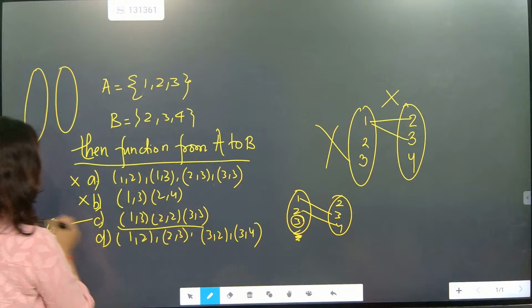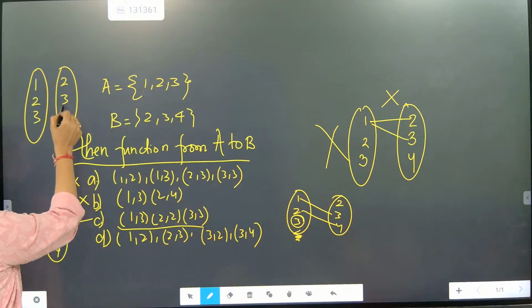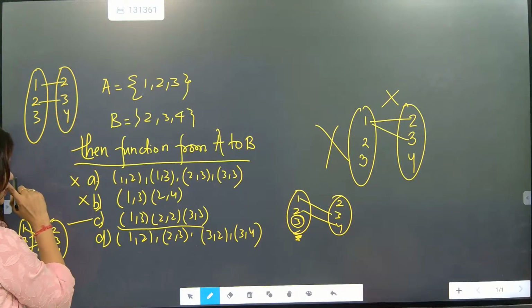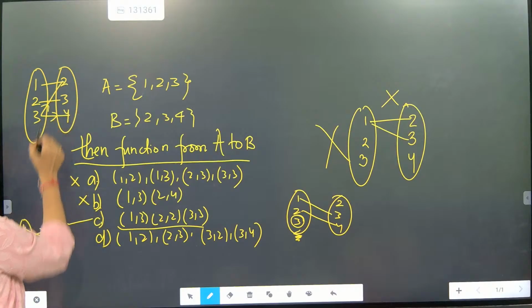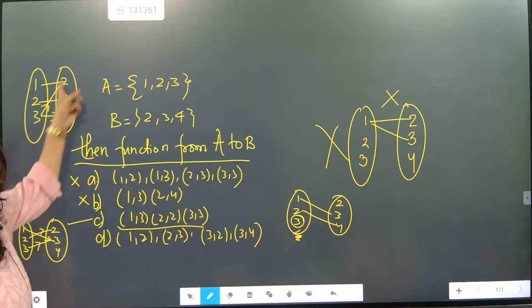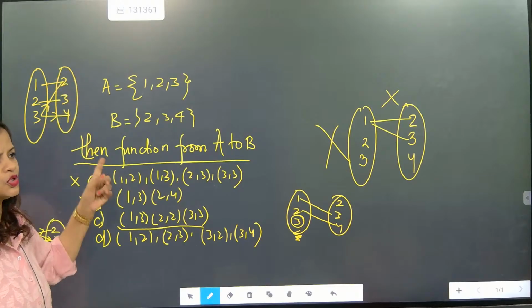Now let's check this one out. 1, 2, 3 and 2, 3, 4. Is it possible? No. Why? One input is having two outputs. 3 is having two outputs.